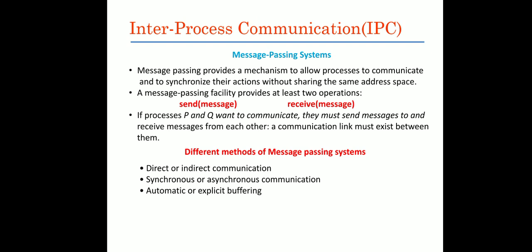First one is the sender, second is the receiver, third is the communication link, and fourth is the message the sender is sending to the receiver. In this message passing system, we have different types of methods for message passing. First is direct or indirect communication, second is synchronous or asynchronous communication, and the third type is automatic or explicit buffering.